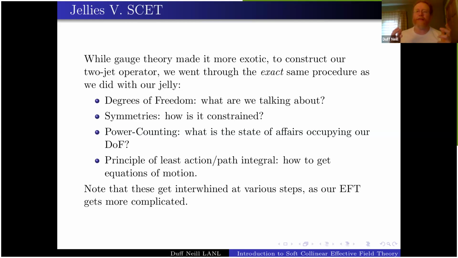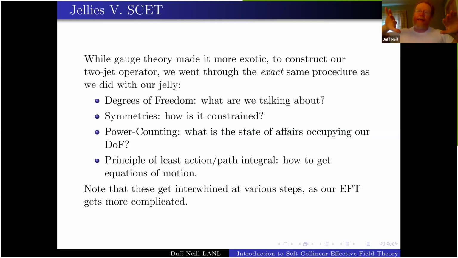And this shouldn't surprise you. I'm dealing with a gauge theory, and in a gauge theory, I don't have derivatives, I have covariant derivatives. And so momenta, and the way we like to think about momenta, is inevitably going to be intertwined with the symmetries of my theory when I'm talking about a gauge theory.